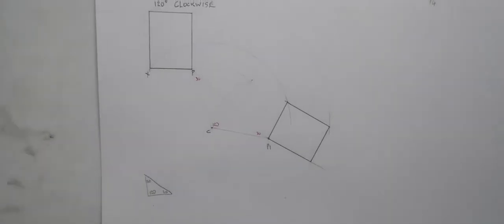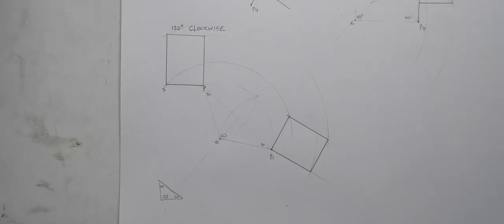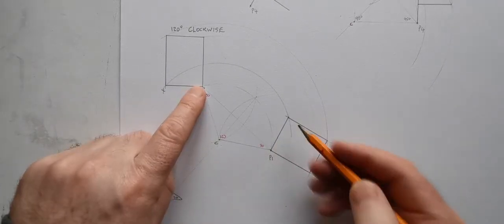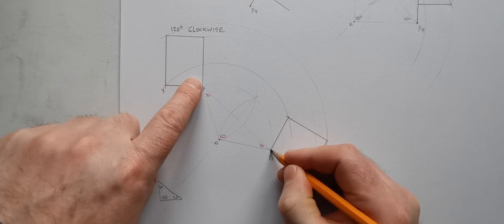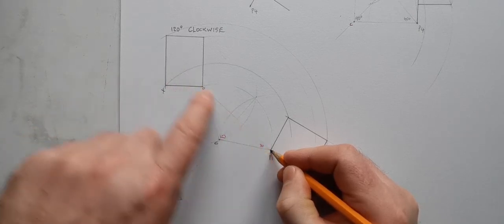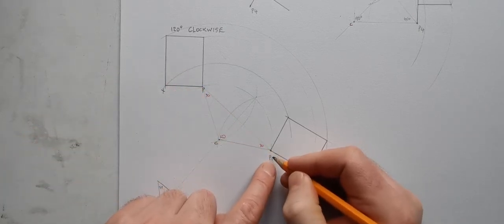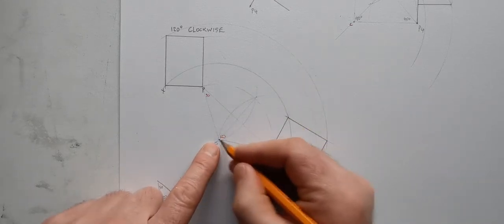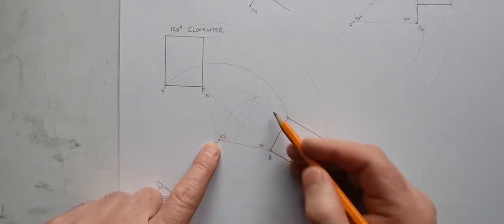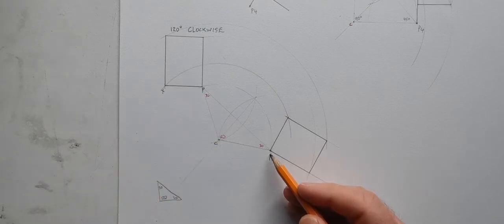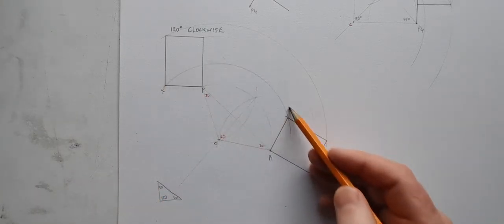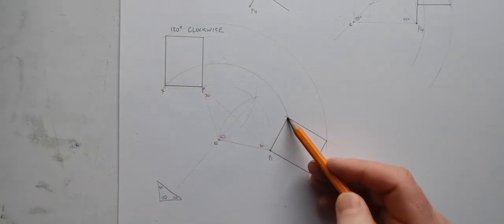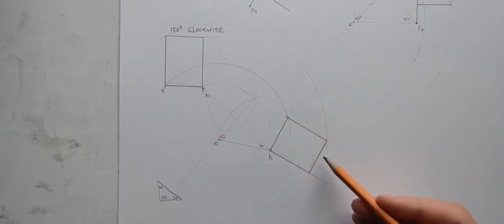Just pick any random point P, join P to P1, picked anywhere, bisect it, go off at 30 degrees. That's the center for rotating. And then I found X next, and then I found the two top corners.